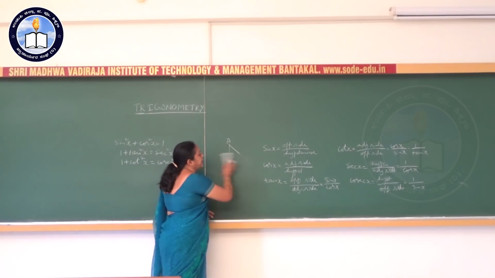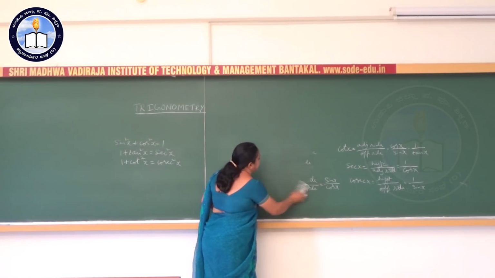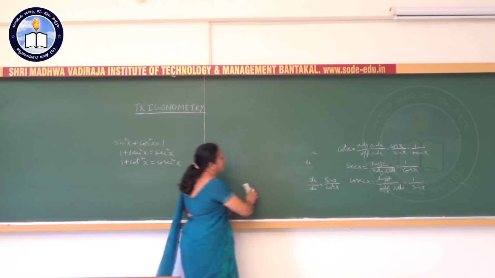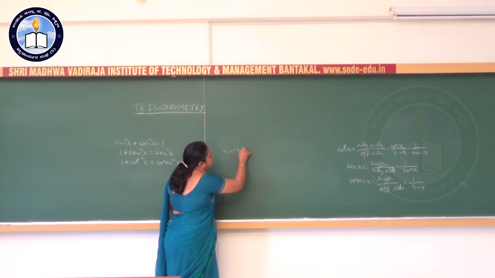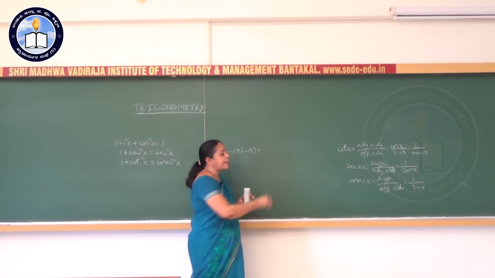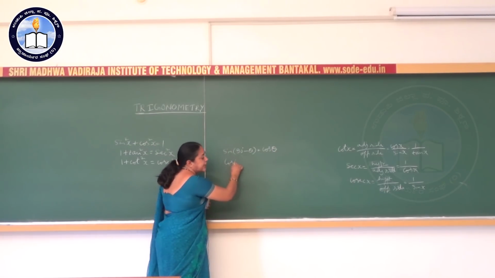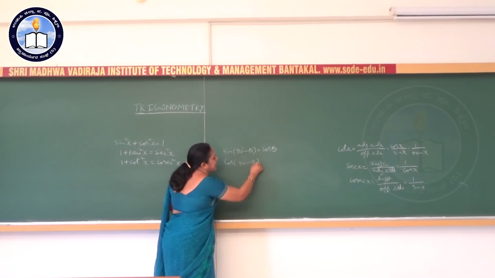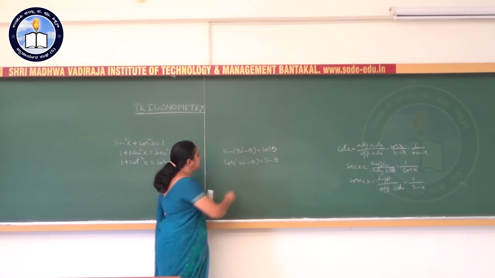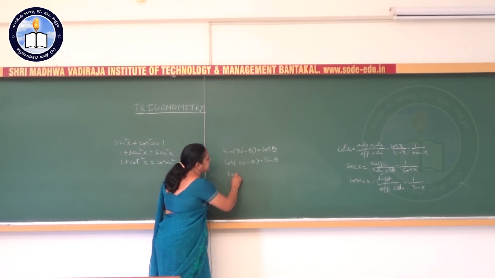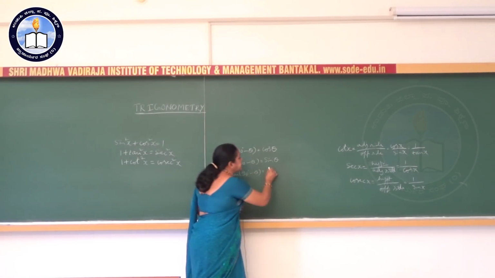What are the trigonometric ratios of complementary angles? Sin of 90 minus theta is equal to cos theta. Cos of 90 minus theta is equal to sin theta. Tan of 90 minus theta is equal to cot theta.